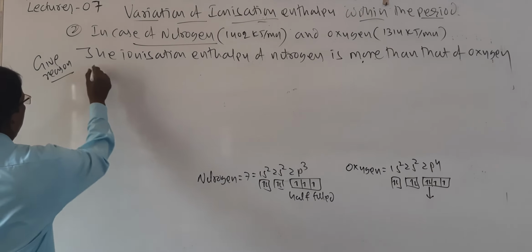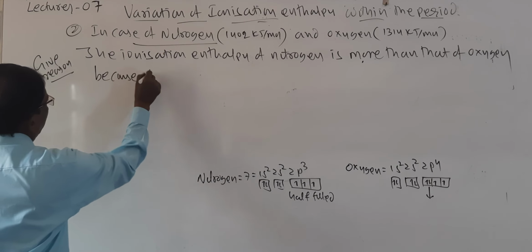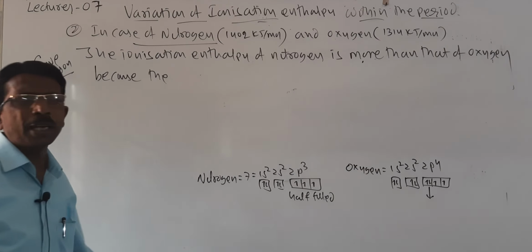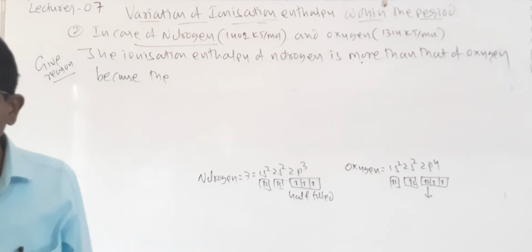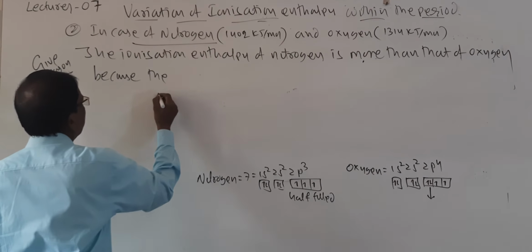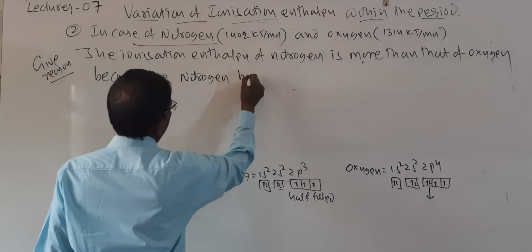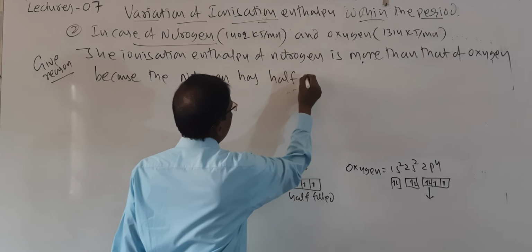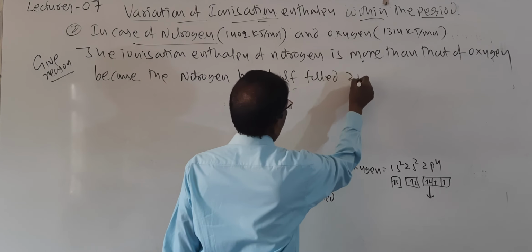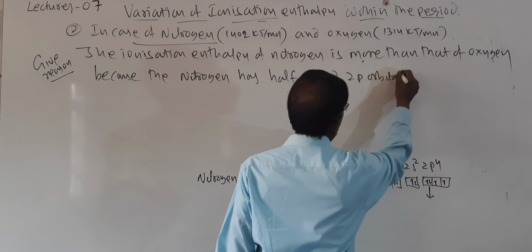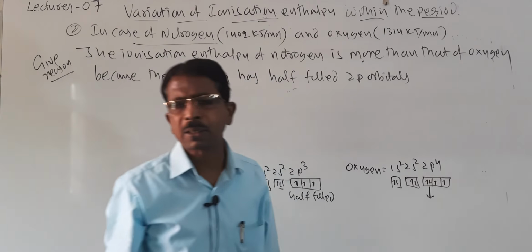Reason. Because nitrogen has half filled 2p orbitals.